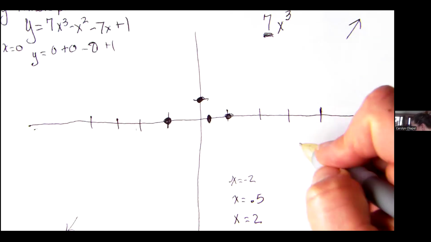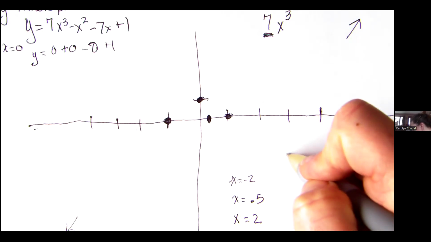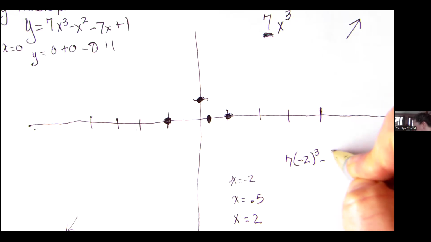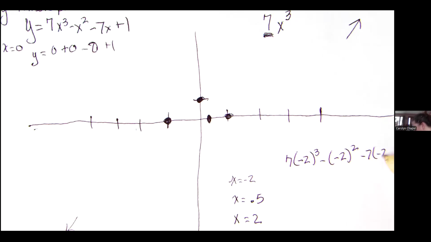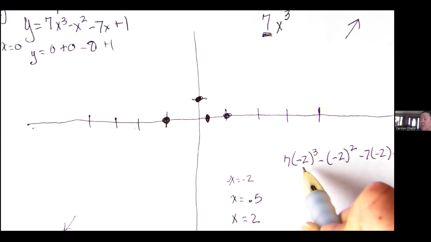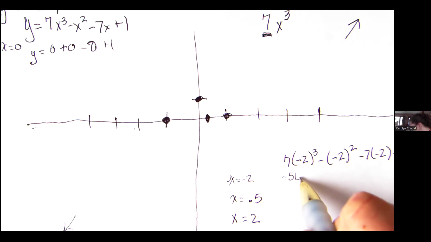Okay, so I'm going to go into my function. 7 times -2 cubed minus -2 squared minus 7 times -2 plus 1. So this is 2 times 2 times 2 is 8, so -8 times 7 is -56.